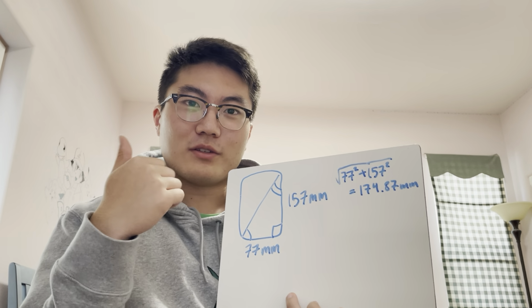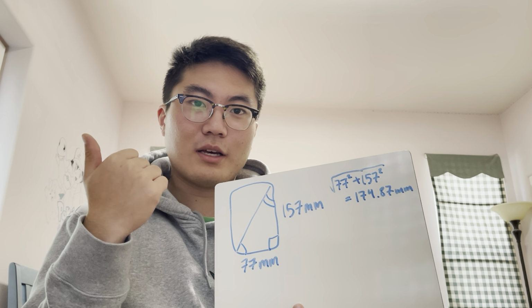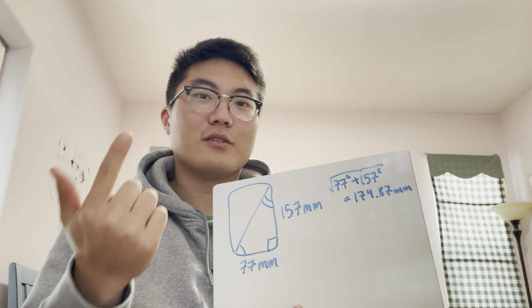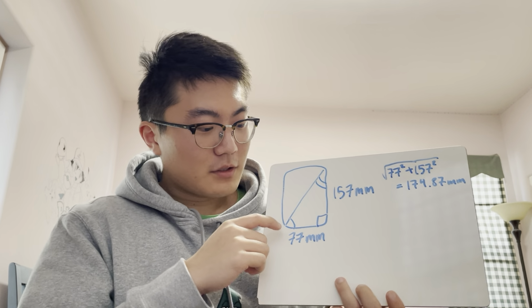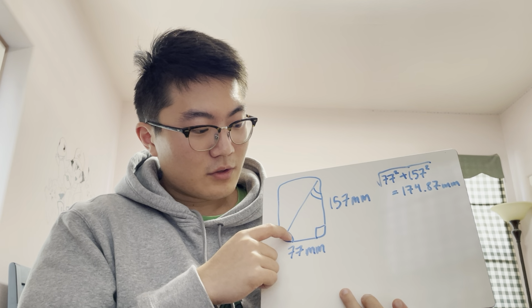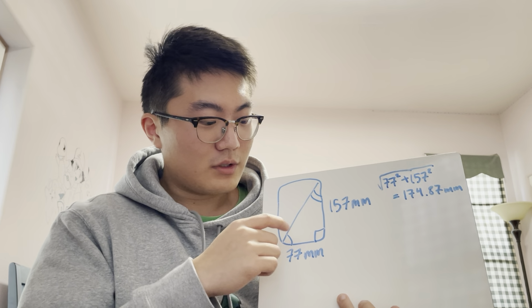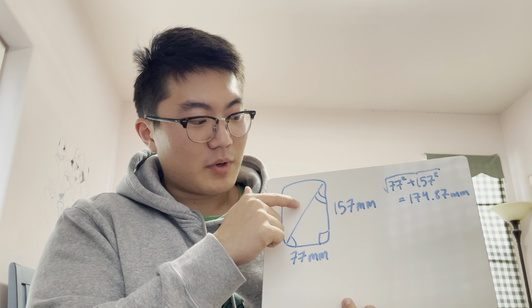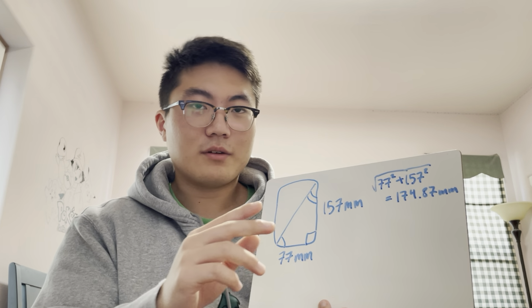So there's SOH CAH TOA. Sine is opposite over hypotenuse, cosine is adjacent over hypotenuse, and tangent is opposite over adjacent. To find this angle, we can use sine, which is opposite over hypotenuse, this over this, and then inverse it.